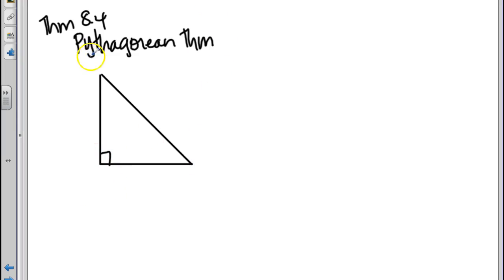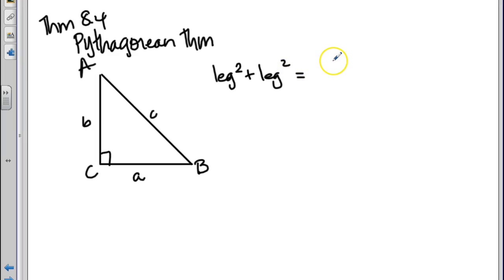We have to have a right triangle. In a right triangle, the sum of the squares of the lengths of the legs is equal to the square of the length of the hypotenuse.